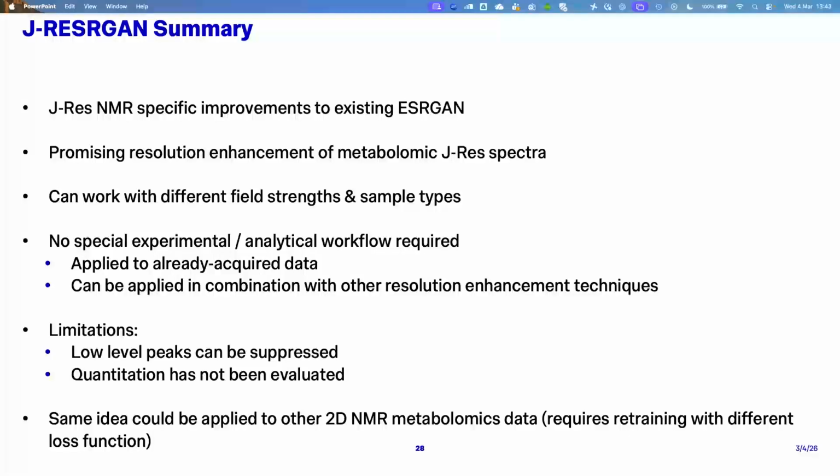Certainly now there are other architectures that maybe outperform that, but this is something we started when this was one of the leading techniques. But we didn't do a huge search comparing different architectures.